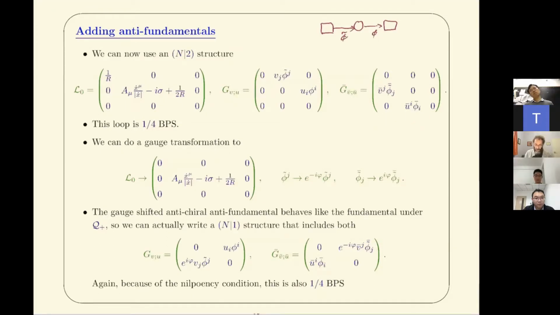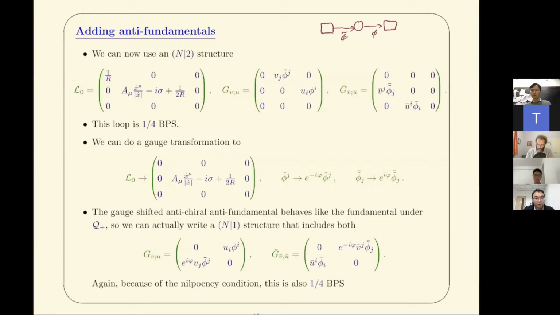But you see that G and G bar do not square to 0. So this will result in Wilson loops that are 1/4 BPS. They'll be invariant under Q plus if I construct them with Q plus, but not under Q minus. We can do something else, and that is act with a gauge transformation, which eliminates this 1 over r piece here.